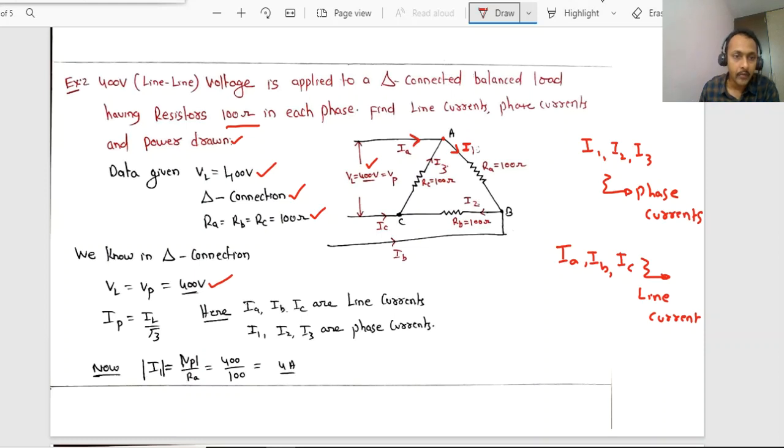The phase current is the voltage in the phase, 400, divided by resistor RA, 100. So 4 amps. 4 amps is the phase current.